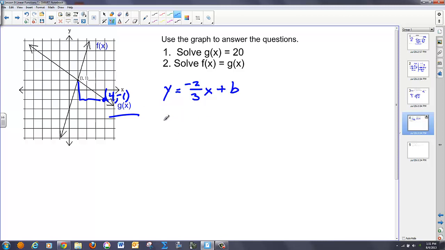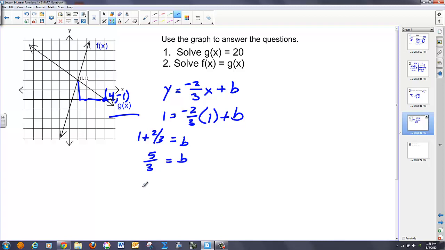So I'm going to plug 1 in for y. I get negative 2/3 times 1 plus b. And I can find b. That's just negative 2/3. Add that to the other side. 1 plus 2/3 is equal to 5/3. That's the value of b.